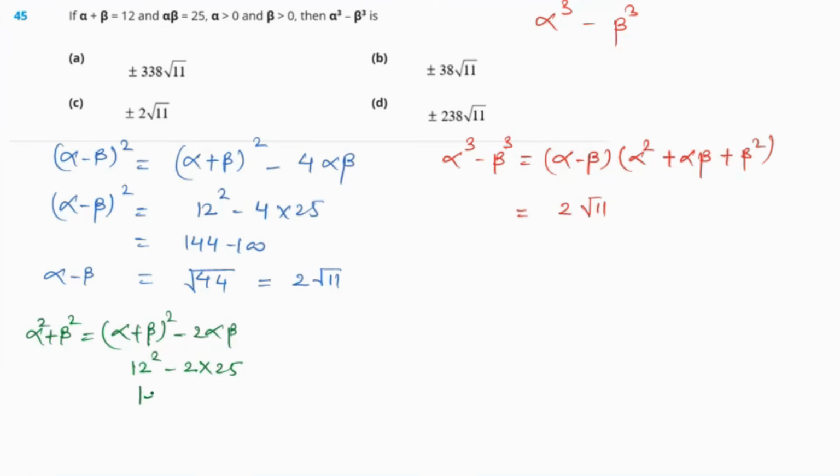So that will be 144 minus 50. Okay, so that is 94. So the value of alpha square plus beta square is going to be 94.